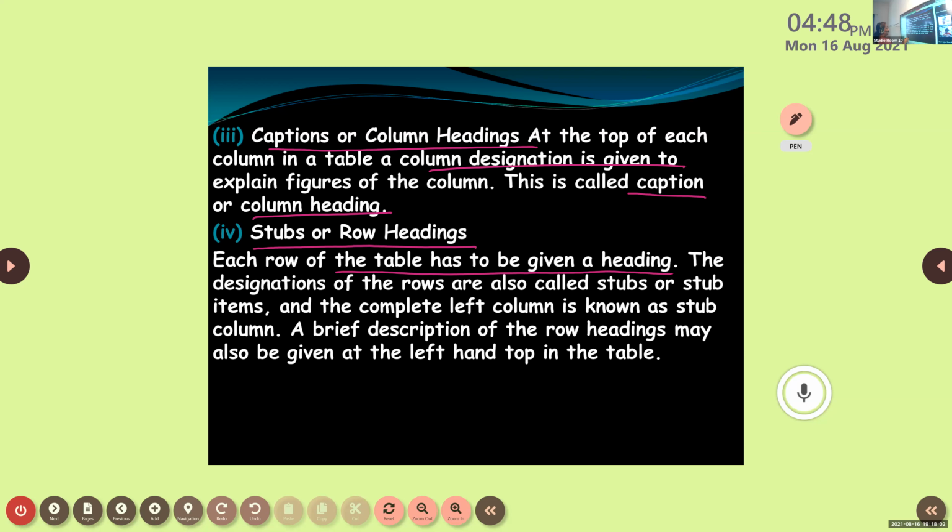The designation we give for that row, we call stubs or stub items. On which side of the column is it? This is the left column. The first column we start with, where we enter the stubs, is why we call it the stub column.